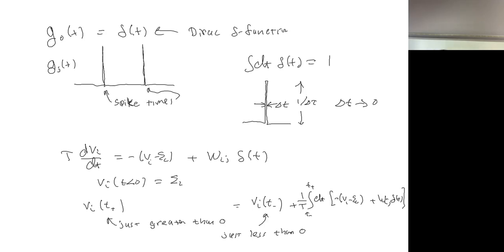What happened? Okay, this term doesn't make a contribution. From t minus to t plus it's really small, so that goes away. But because of this term, the integral is equal to 1.